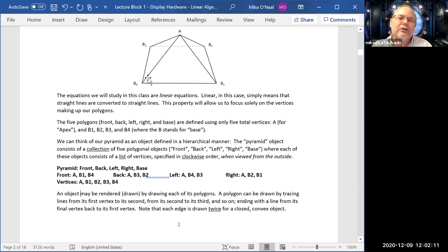This line here is actually a little shorter than this line here. Well, why would that be the case? In the natural world, things that are further away appear smaller. And perspective projection captures that. So when something is closer, it's bigger. When it's further away, it's smaller.